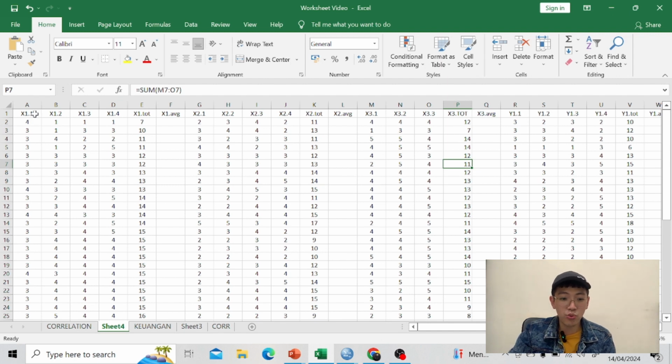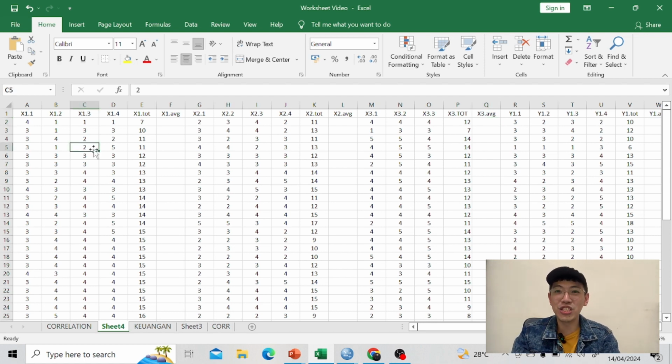In this case, x1 has 4 indicators, x2 has 4 indicators, x3 has 3 indicators, and y1 has 4 indicators. For this data, we have conducted validity and reliability tests, and these are valid and reliable variables and indicators. And we have also conducted classical assumption tests, and it has met the requirements of the classical assumption. So in this video, we just cover how to run the linear regression.